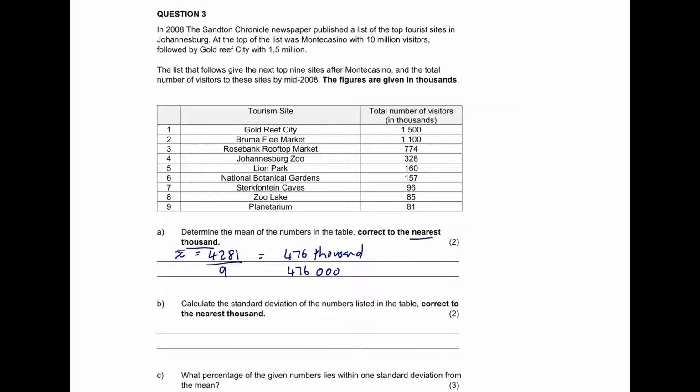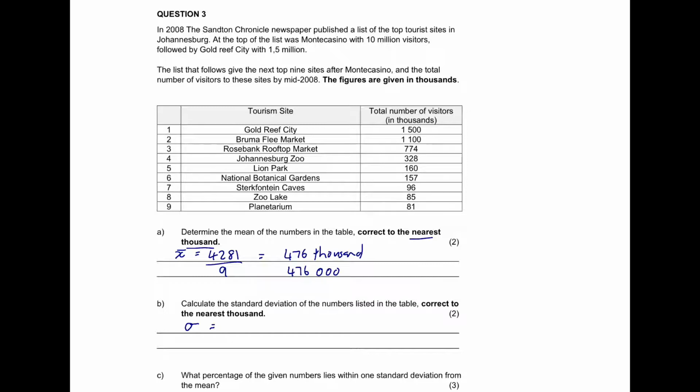Then the standard deviation of the numbers listed in the table, also correct to the nearest 1,000. So our symbol for standard deviation is the sigma from Greek. In order to do this on your calculator, I'm just going to help you with the steps quickly. You press Shift 3 to get to stats mode. I'm working with a silver calculator. And in your table, under X, you input all those 9 values, the 1,500, 1,100, and so on. When you get to the bottom one, you press equals, and you press AC.